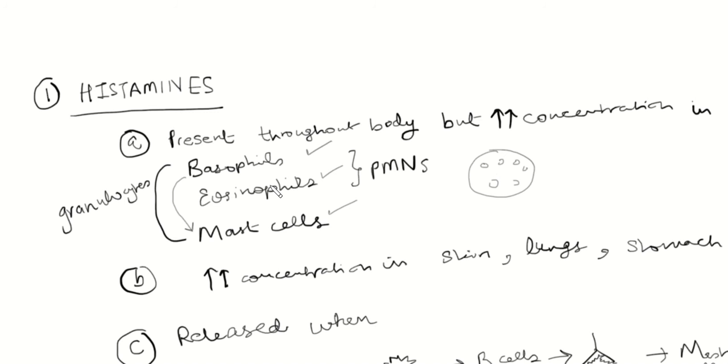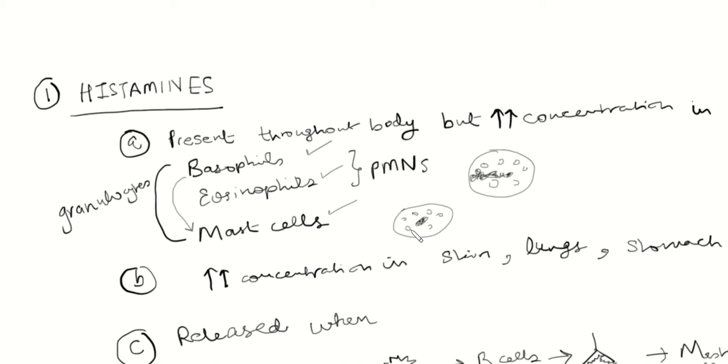The difference is basophils and eosinophils have these lobulated, multi-shaped nuclei. The mast cells, on the other hand, do have the granules, but their nucleus is more defined.